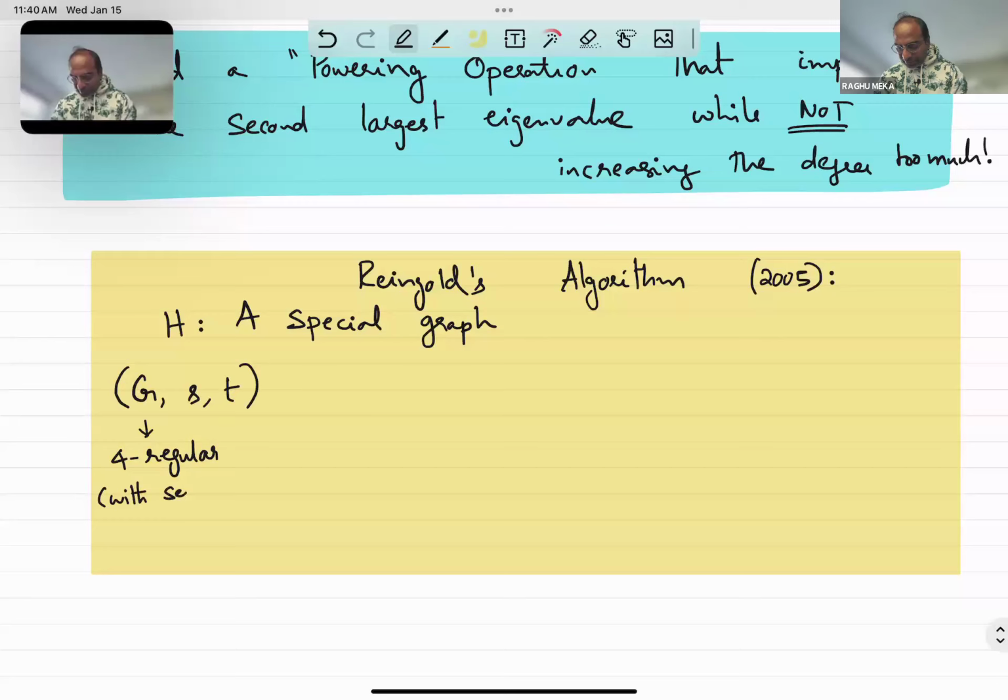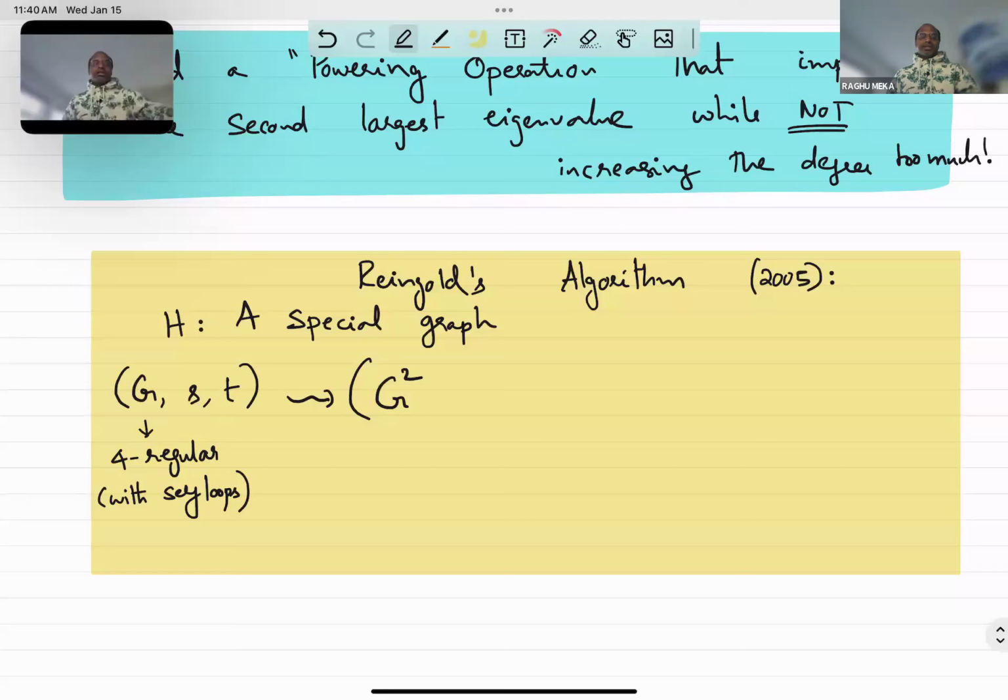And it also has self loops. Okay. So what we're going to do is first do the squaring operation, which improves the second largest eigenvalue, but hurts the degree. And then we're going to bring the degree down.